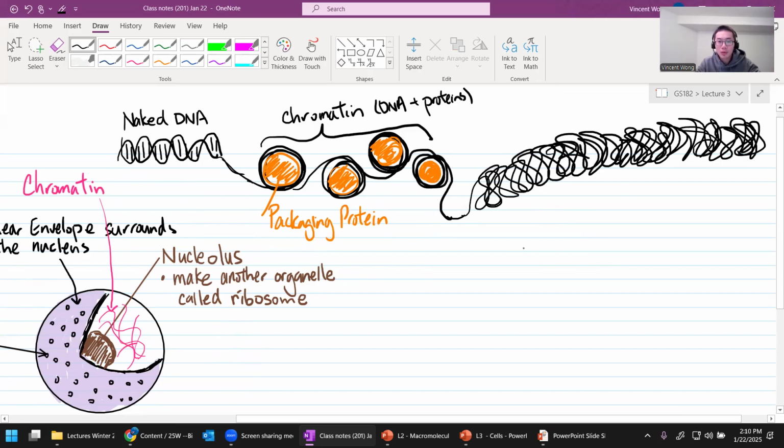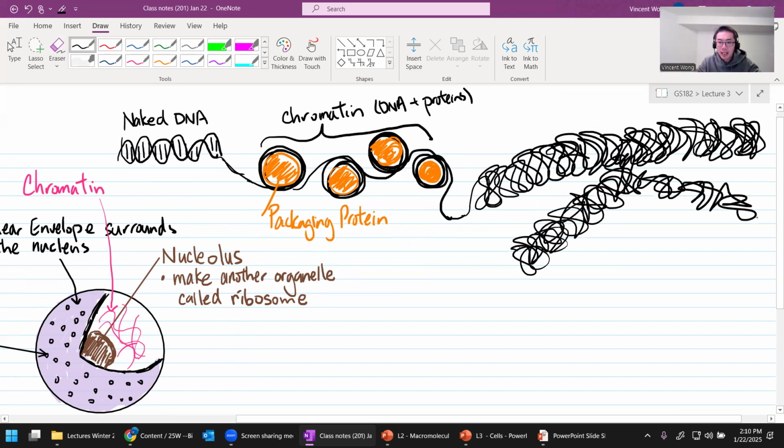And usually they would double up and make copies of themselves, which we'll talk more about later. Then you would get this very condensed version of the DNA with lots of packaging protein, and that's what we call a chromosome.